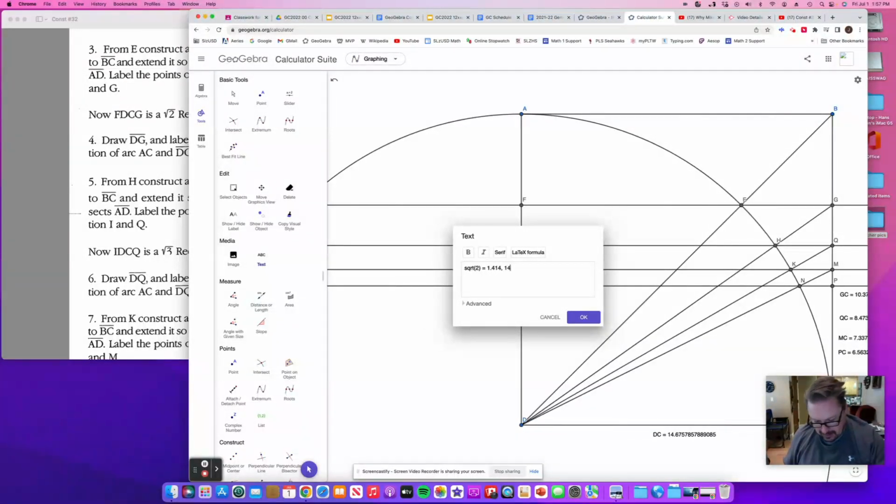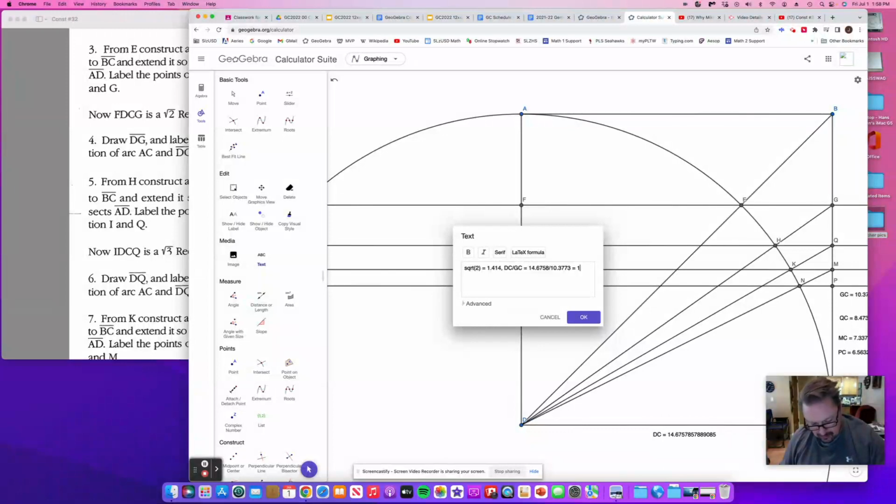And DC over GC equals 14.6758 divided by 10.3773.